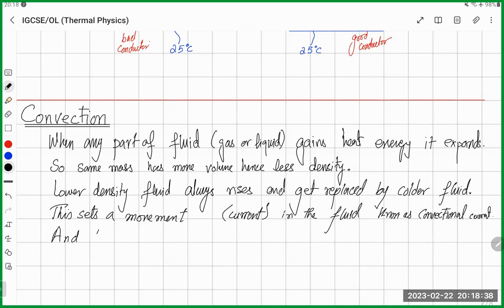And this phenomenon is called convection.